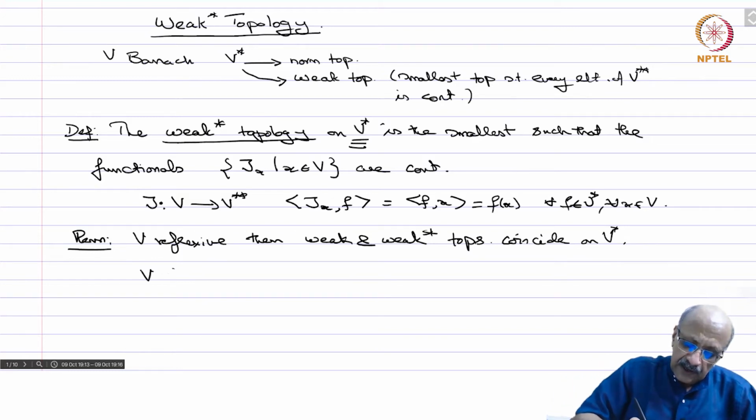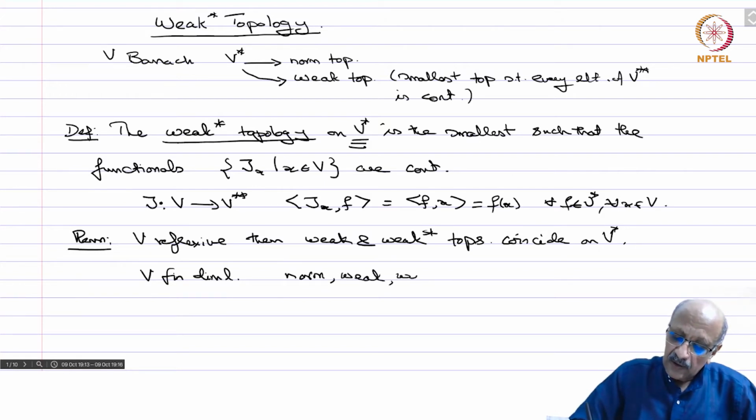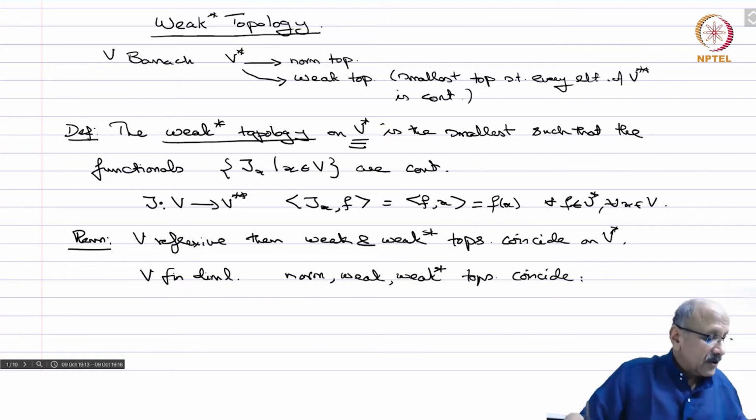So if V is finite dimensional, then it is reflexive, and we already know the weak and norm topologies are the same. So norm, weak, weak star topologies coincide. Okay, so there is nothing absolutely new in those cases.